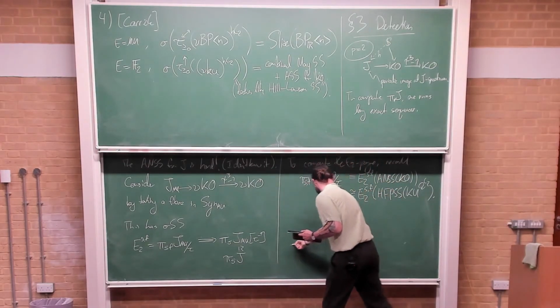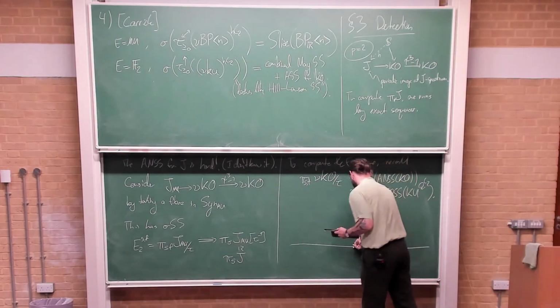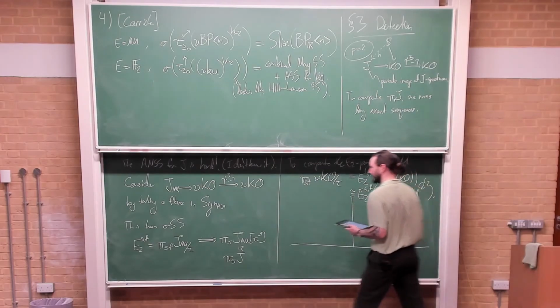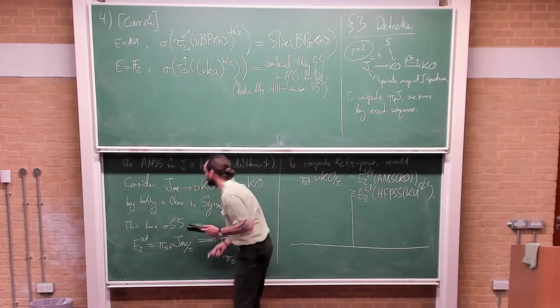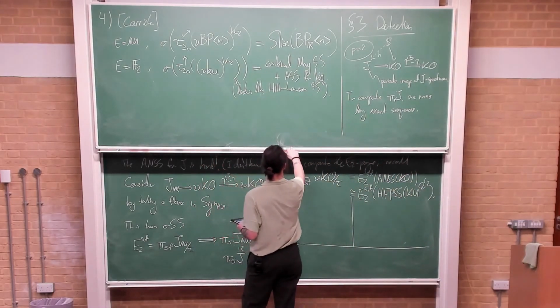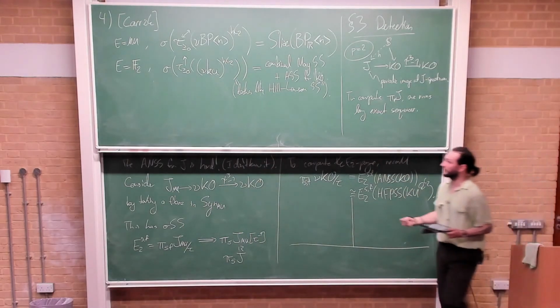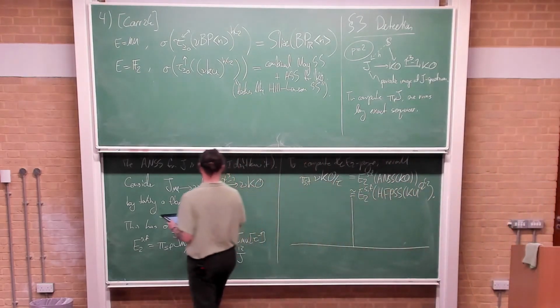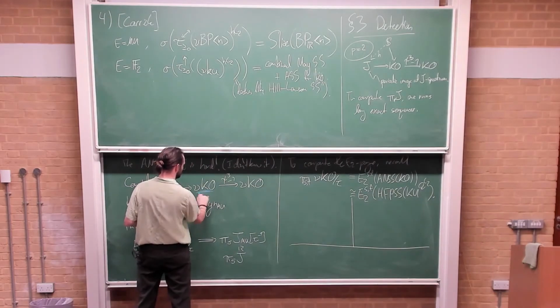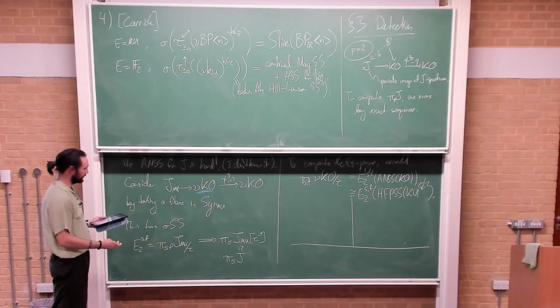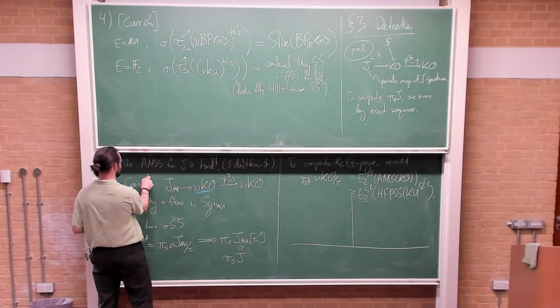And I want to write down some of it. So I want to use some colors. So I'm going to use a red and a blue. The blue is going to come from this part, and the red is going to come from this boundary map.